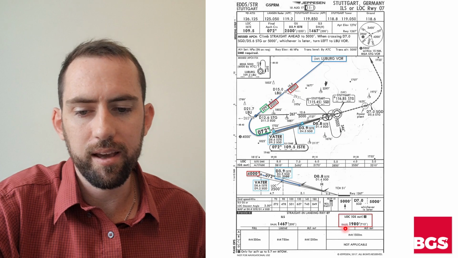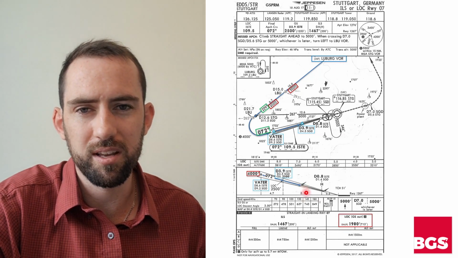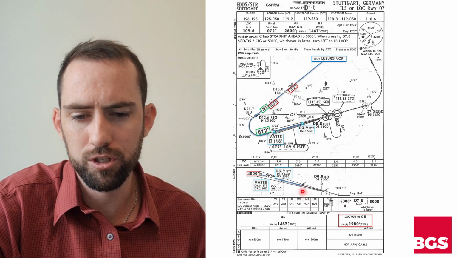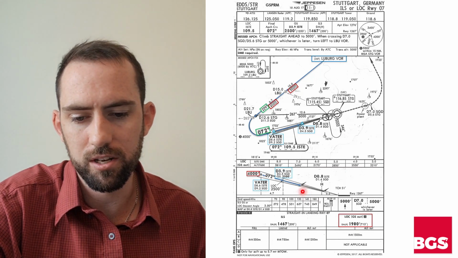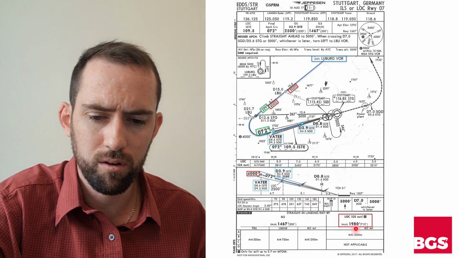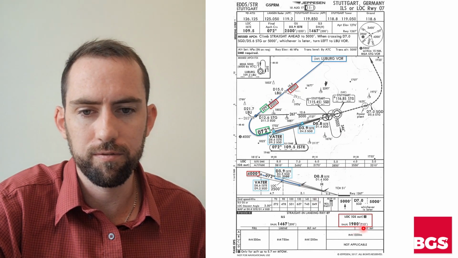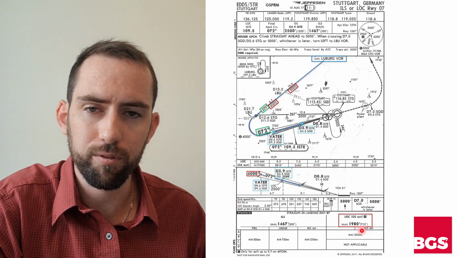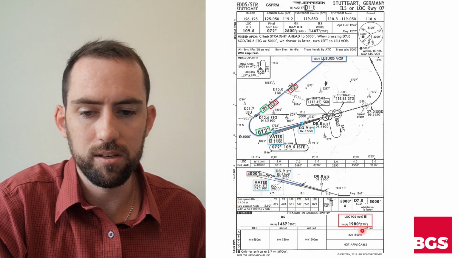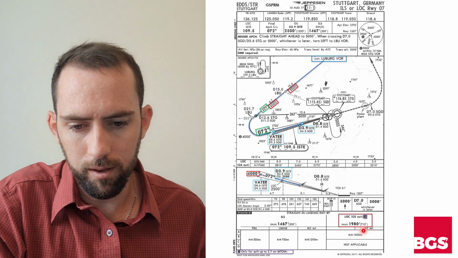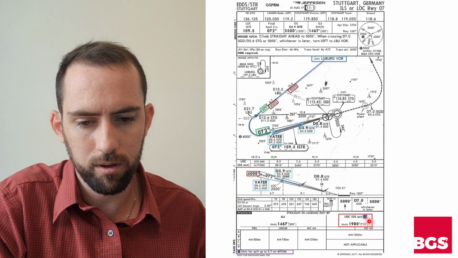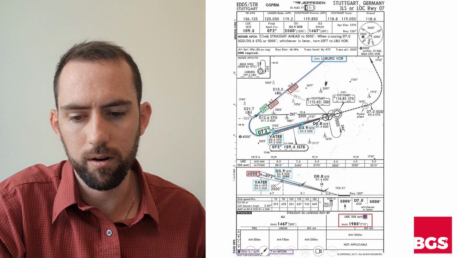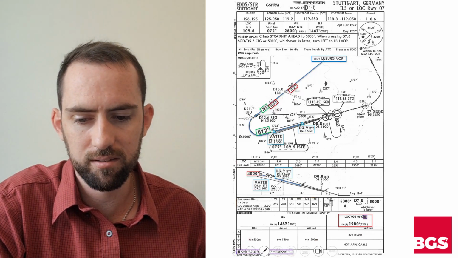From what we can gather based on how this profile view is presented, it's meant to be flown using a continuous descent final approach technique down to a decision altitude of 1,980 feet or 713 feet above the runway, at which point, if you don't have the required visual criteria, then you need to execute a missed approach. There's a little note here as well, a 1 in a box. So if we go down here, that's telling you that it is only for aircraft up to 5.7 metric tons of max takeoff weight.